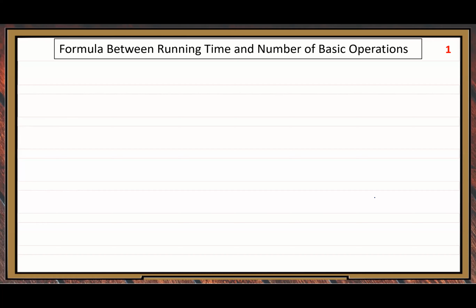All right. First, let's look at this relationship. Look at the formula between running time and a number of basic operations. Why do we need to look at this topic? The reason is we would like to consider the measure of efficiency of algorithms.